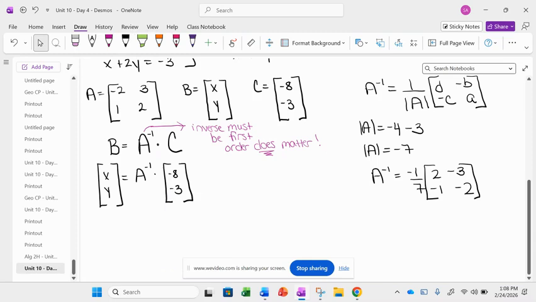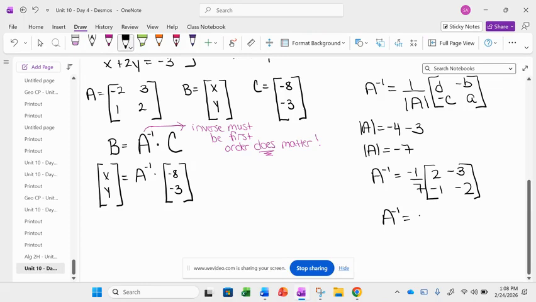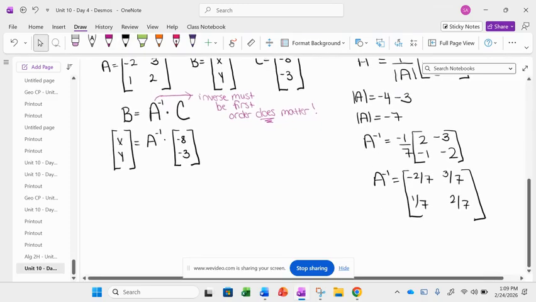All right, now when I have a scalar and then a matrix, what do I have to do with that scalar? Distribute it in. So the inverse of matrix A is going to be negative 2/7, positive 3/7, positive 1/7, and positive 2/7. And now I got my inverse.